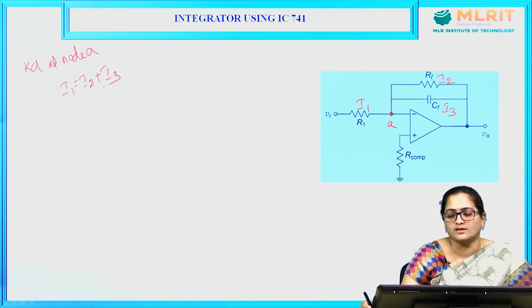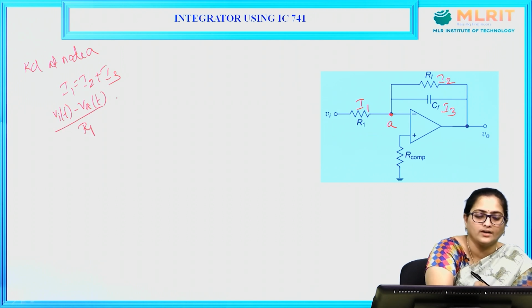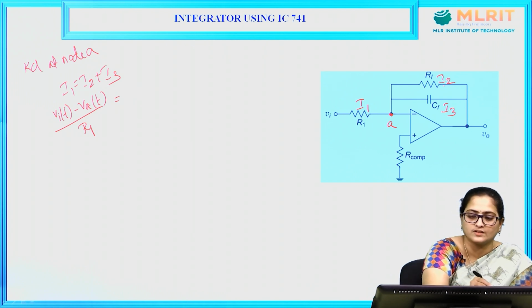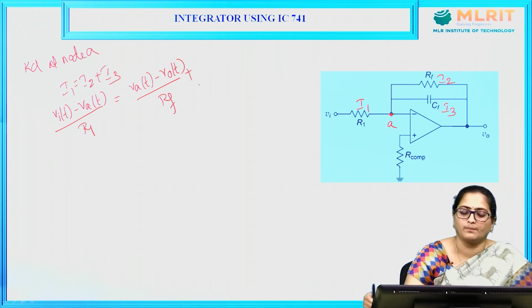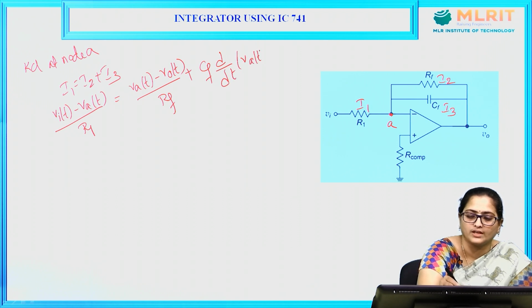The current across the resistor R1 can be given as Vi of t minus Va of t divided by R1, which is equal to I2, the current across RF, given as Va of t minus V0 of t divided by RF, plus I3, the current across the capacitor CF, which is given as CF into d by dt into Va of t minus V0 of t.